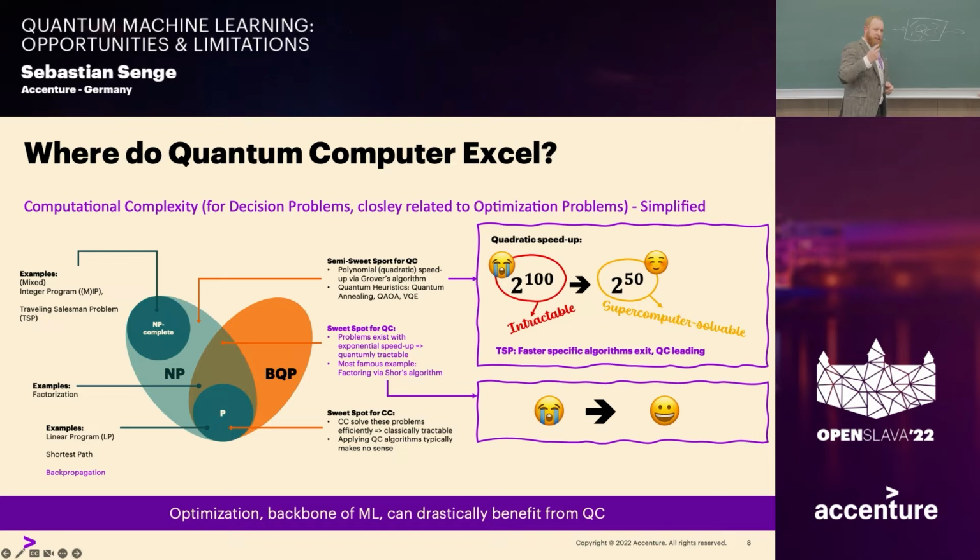So what about TSP now, just as an example? We know that we could quadratically speed up the problem of solving this maze, basically, of the traveling salesman. But does that mean that we are now faster than every classical algorithm? Unfortunately not. It turns out that there is a faster classical algorithm even beating this quadratic speed up.